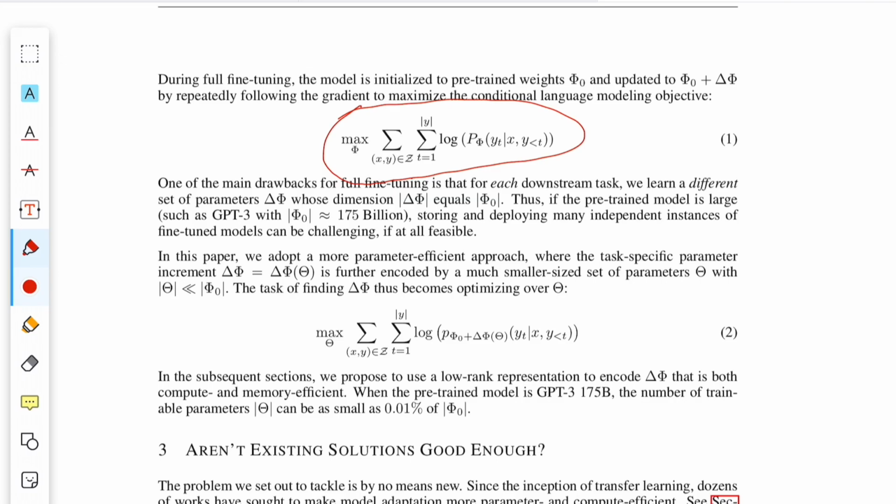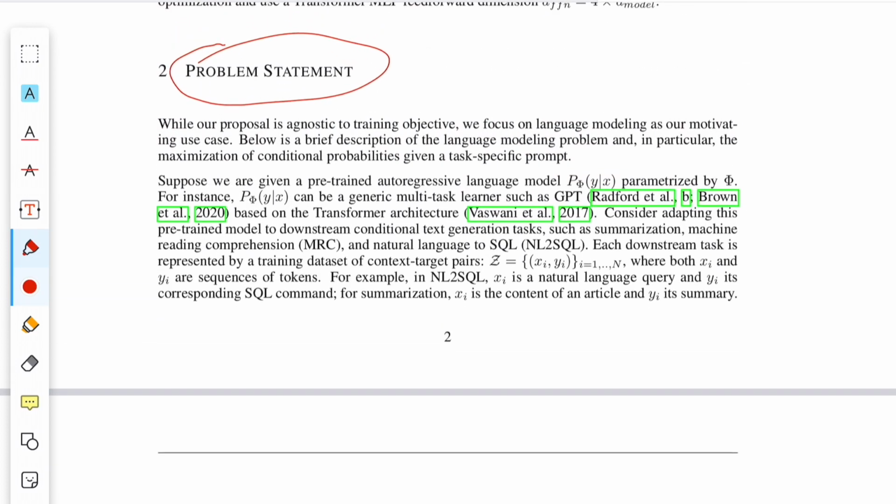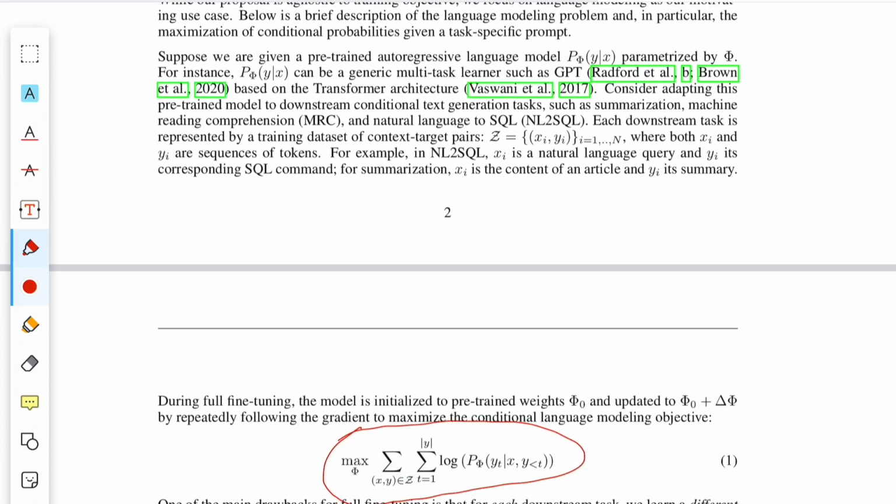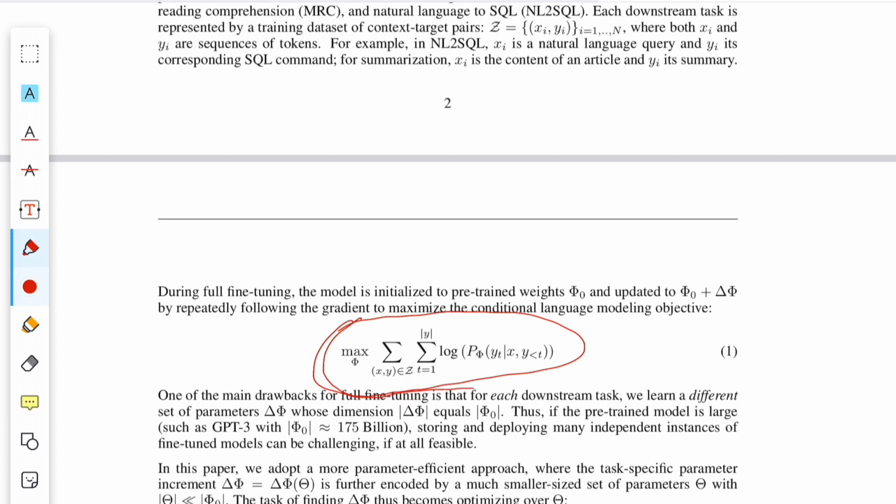I know when we see a math formula, we get scared. Okay, let's look at every part of the formula. The title is problem statement. So this is the problem we want to solve.